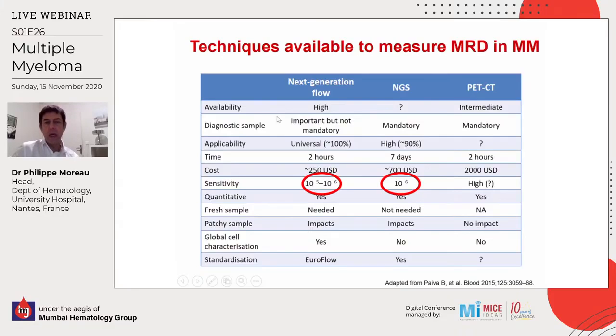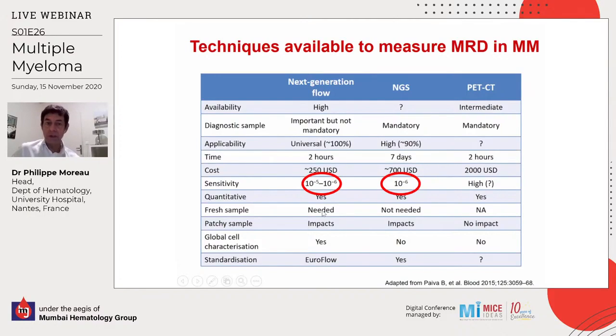And you see that there are some differences when comparing flow versus NGS, the 2 techniques that are looking at MRD within the bone marrow. The time for performing this analysis is totally different, in fact. The cost is also different. The sensitivity is probably in favor of NGS. It is easier to reach 10 to the minus 6 with NGS, and we don't need fresh samples.